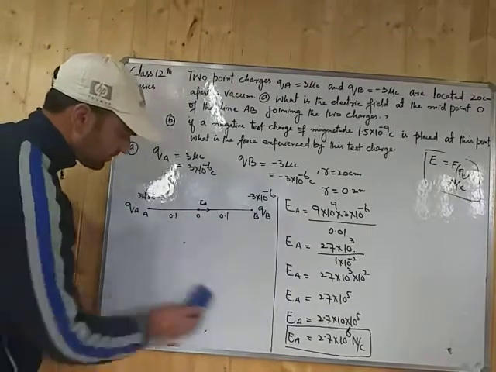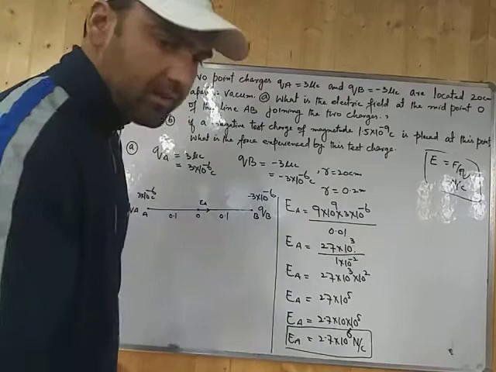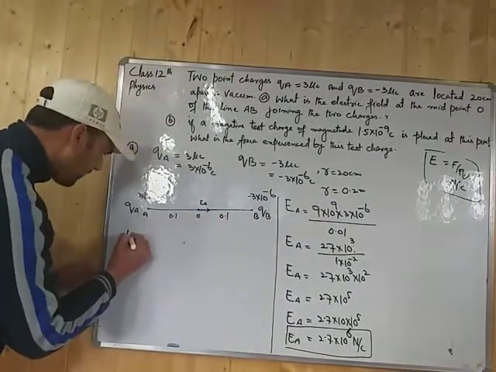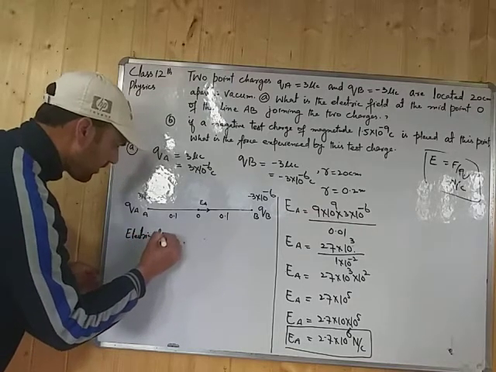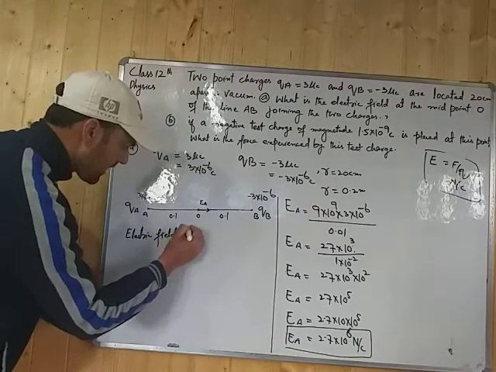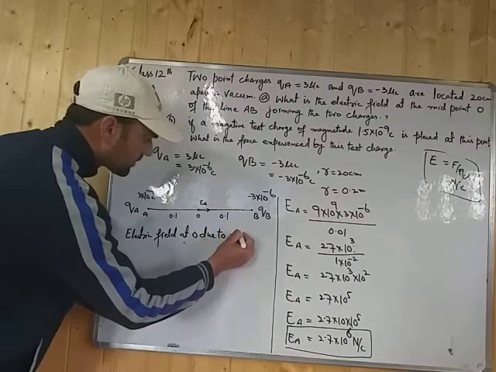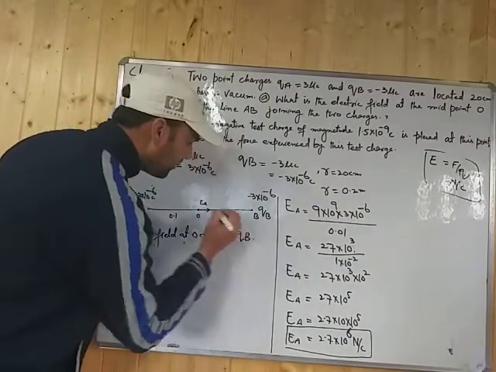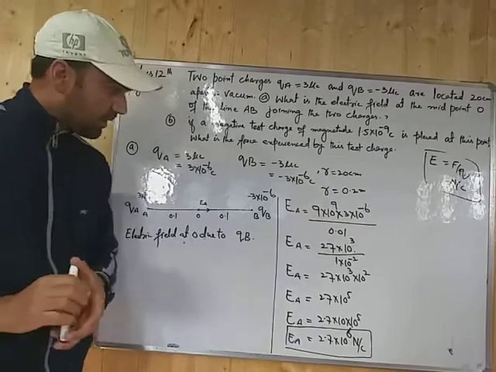Similarly, we will write the electric field at O due to minus QB. We apply the same formula.